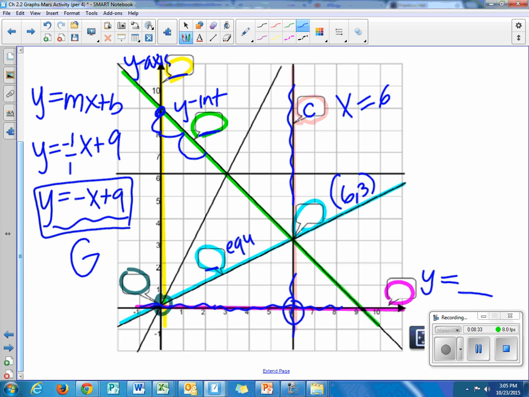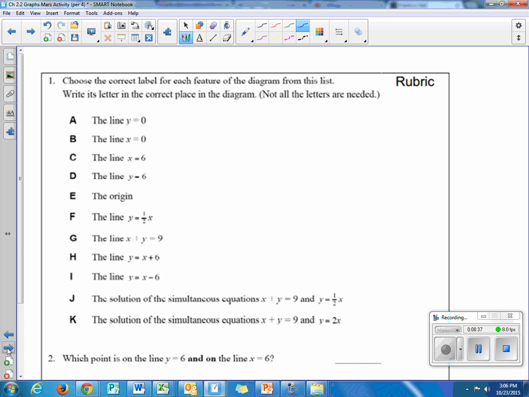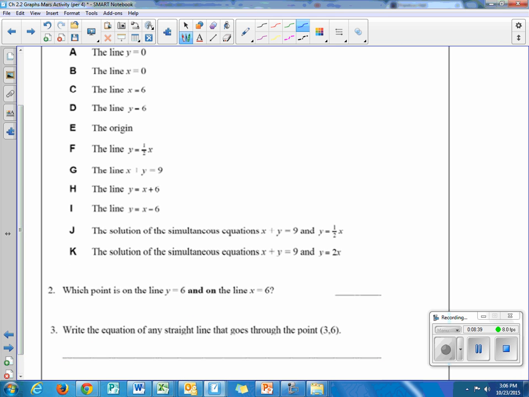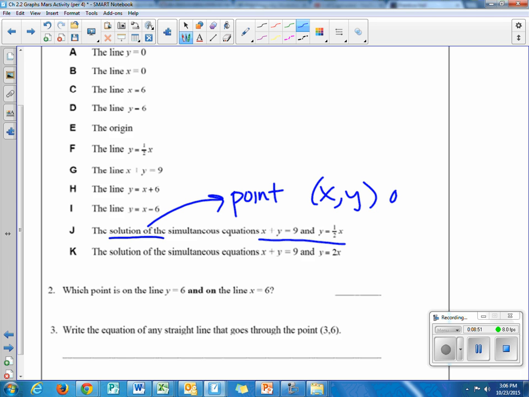And figure out why. On this back page over here, please make sure you understand what solution means. The solution of the simultaneous equations of these two right here means this point. This solution is a point. In other words, it is an ordered pair. This ordered pair will hit both of these equations at once.